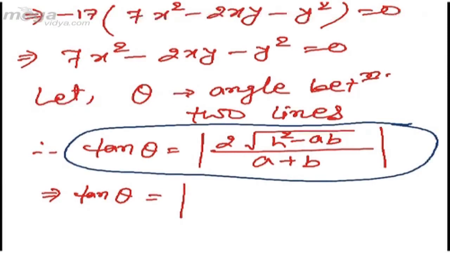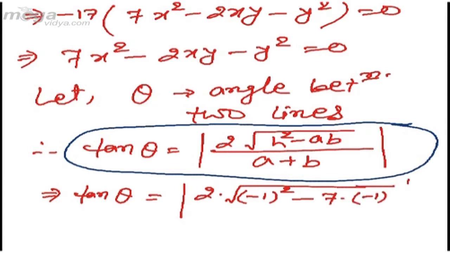So tan theta is equal to mod 2 into root under h square, h is here minus 1, so minus 1 whole square minus ab. A is 7, b is minus 1, upon a plus b. So a is 7 plus b is minus 1.